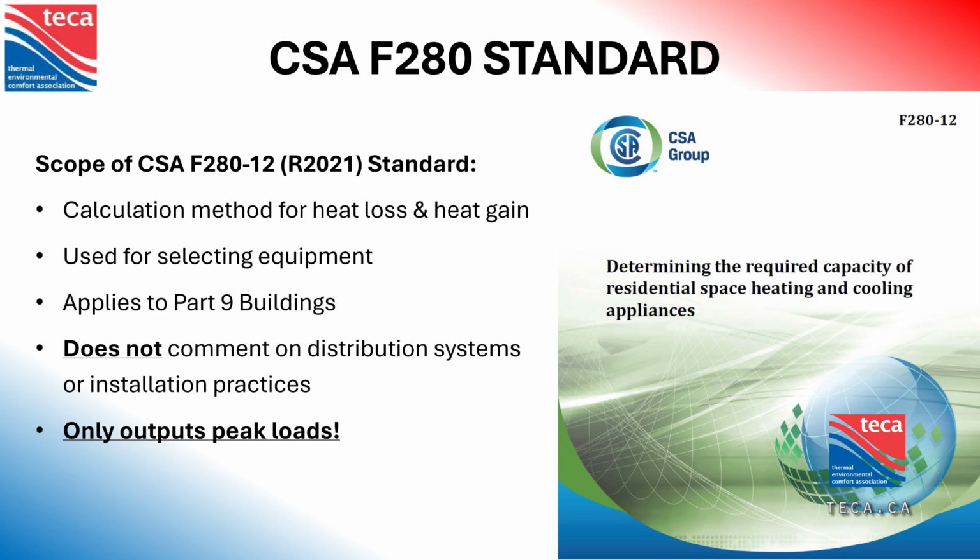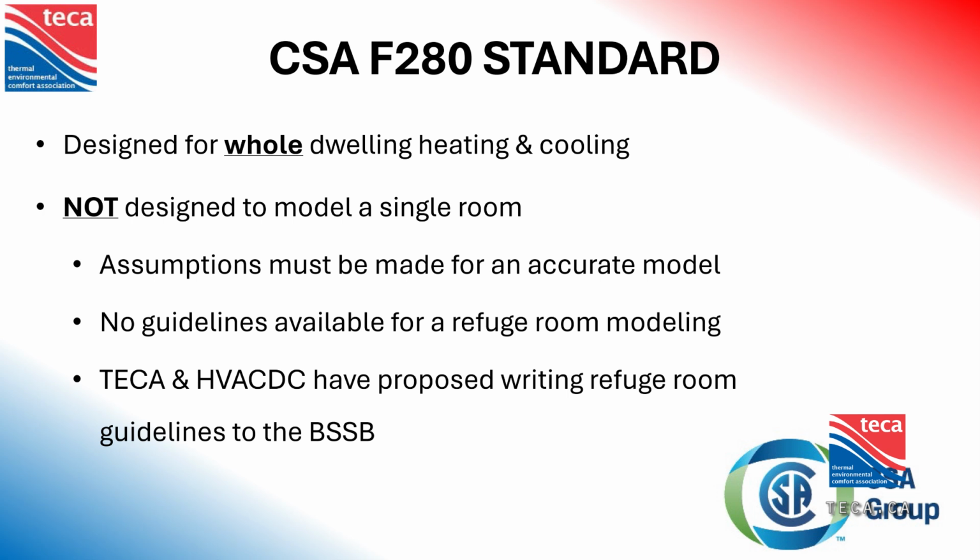All it's going to do is give you the ability to output a peak load. It was also designed with the intent to determine the heating and cooling capacity of the whole dwelling, not just a single room.